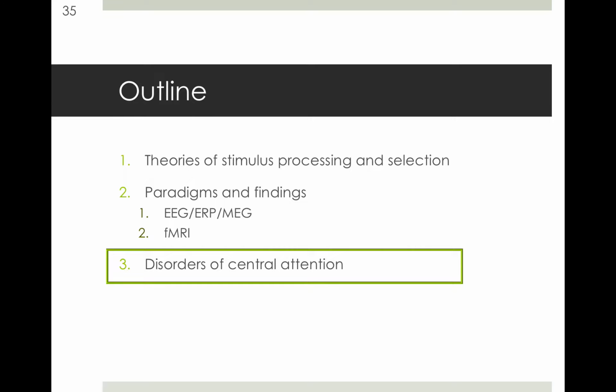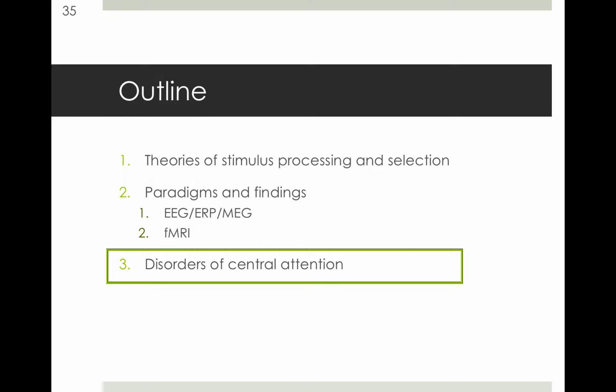All right, so let's move on to talk about what happens when you have problems with attention. When you're talking about problems with attention, I know a lot of you have heard about ADHD. That actually is more of a problem with executive function, which we'll talk about later in the semester.